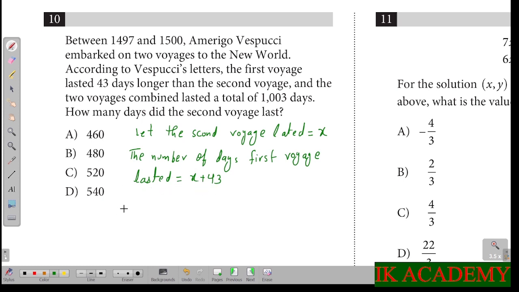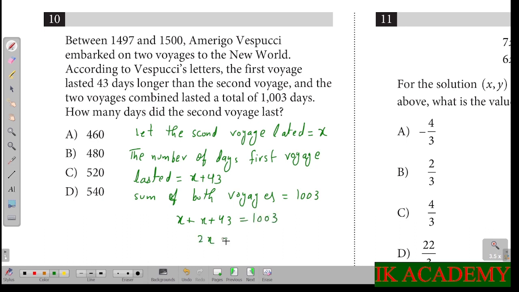So if we combine both of them, we will get the total number of days it took to complete both voyages. I'm going to write the sum of both voyages is equal to 1003 days, so X plus X plus 43 is equal to 1003 days.